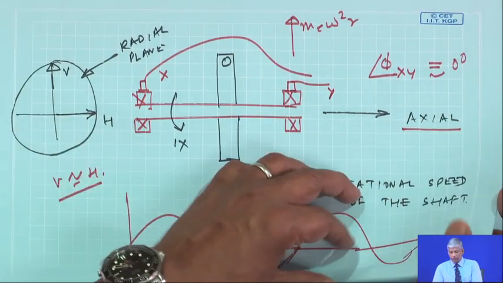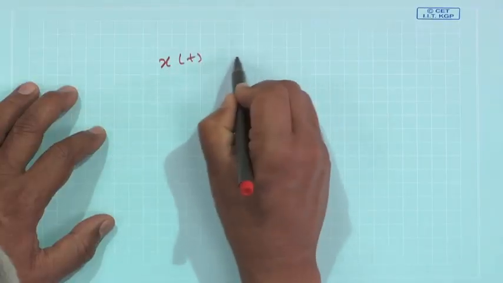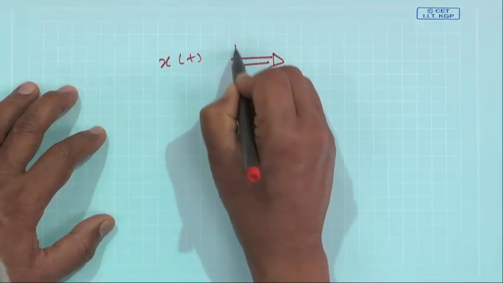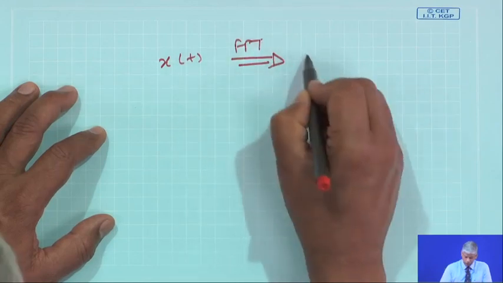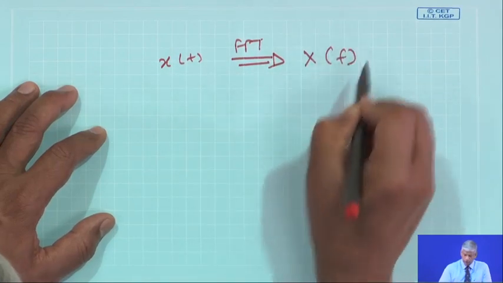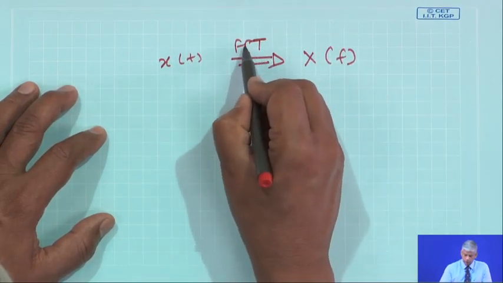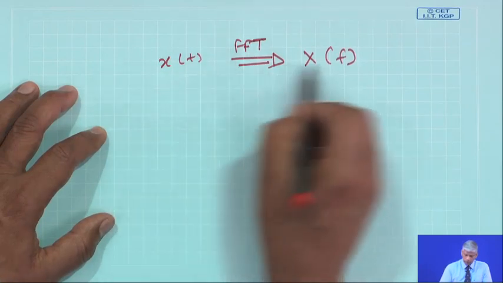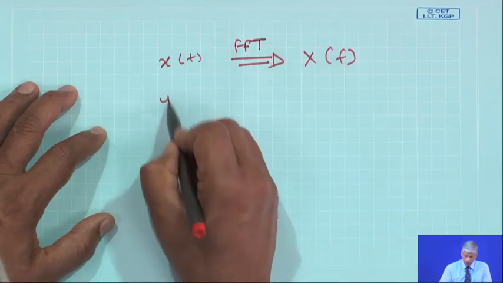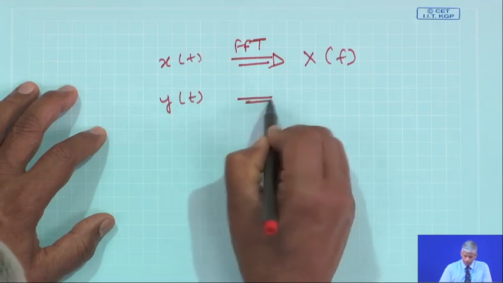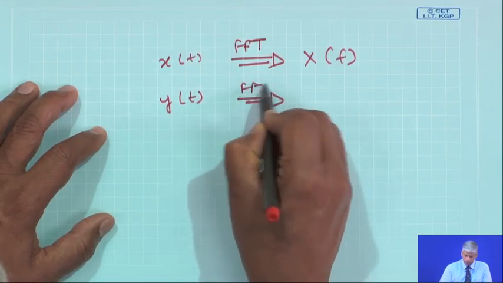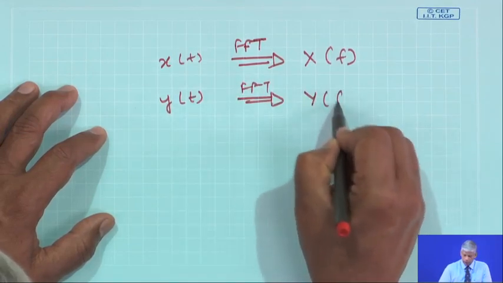By the way, just to recollect, how do I calculate the vibration phase between two sensors x and y? So, I know x(t) is the measured vibration. If I do an FFT, I will get the Fourier spectrum of x(t) as X(f), similarly for y(t) I will get Y(f).